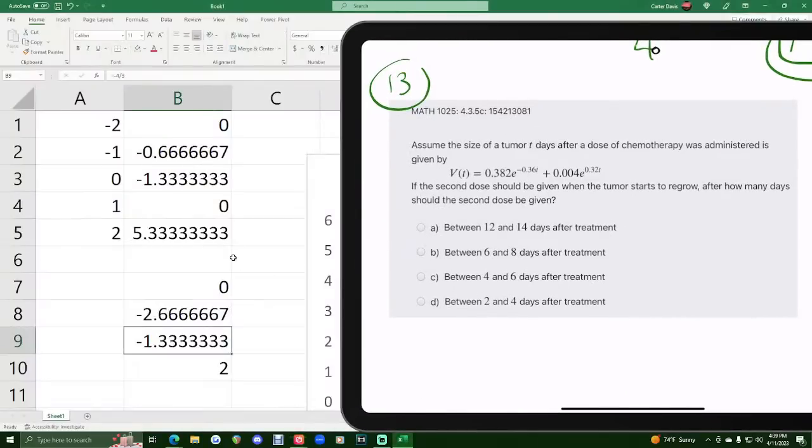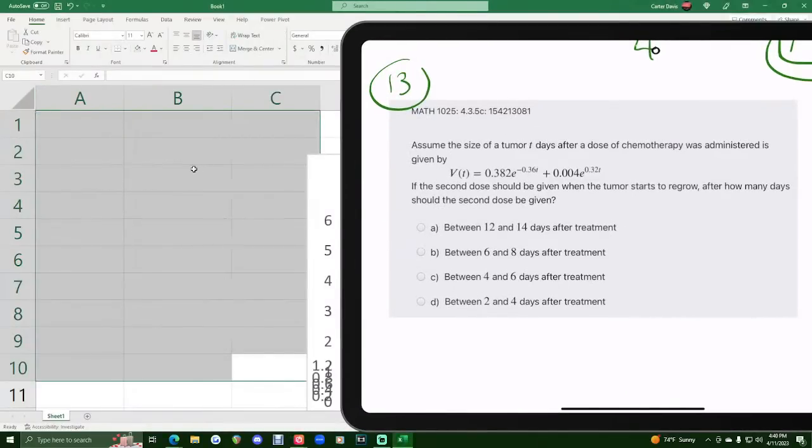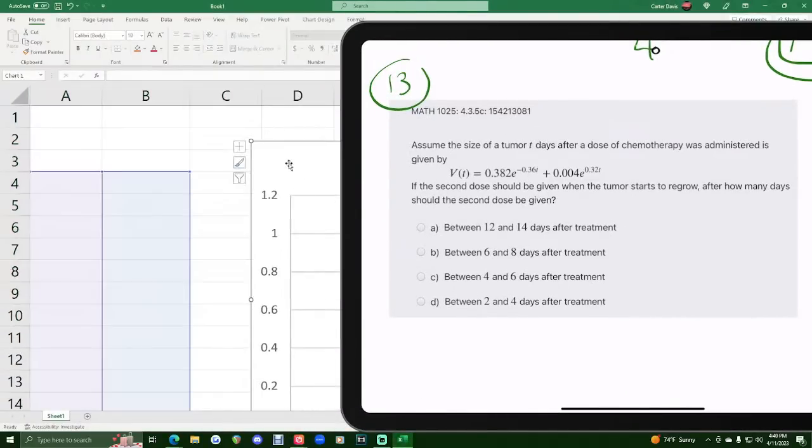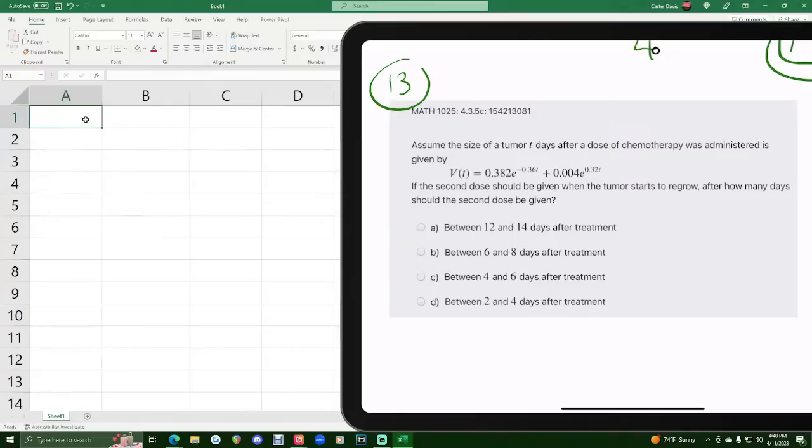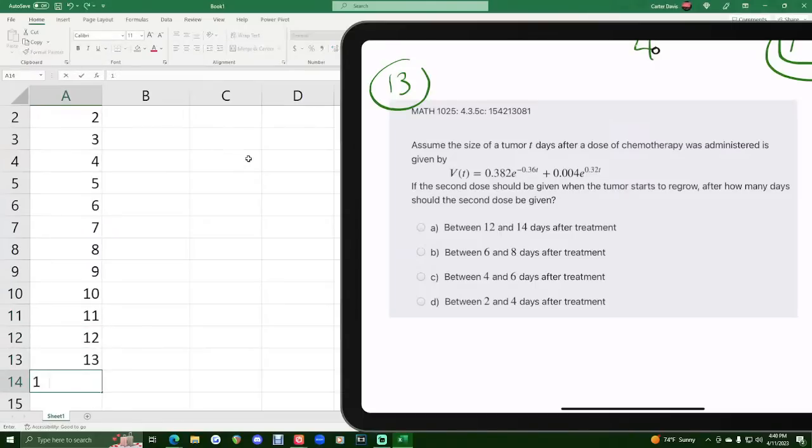Okay, so let's talk a little bit more about what I mean. So t values go here, and we're ranging anywhere from 2 all the way to 14. So I'll just go ahead and start it right at 1, and then go up by just 1 each time. 7, 8, 9, 10, 11, 12, 13, 14, and we'll go at least 2 more past that, just so 14's included.